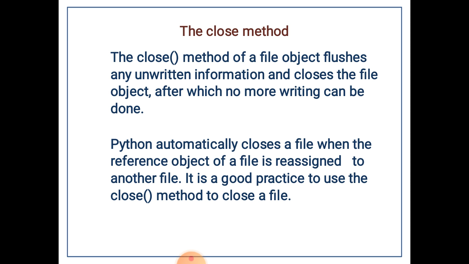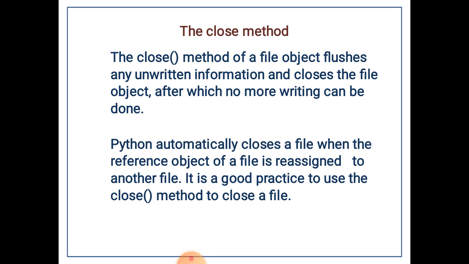So, we have to confirm here that the necessary information has been written in the file before closing it, because the close method of a file removes all the unwritten information before closing the file.